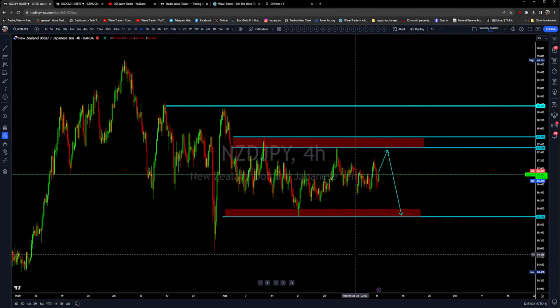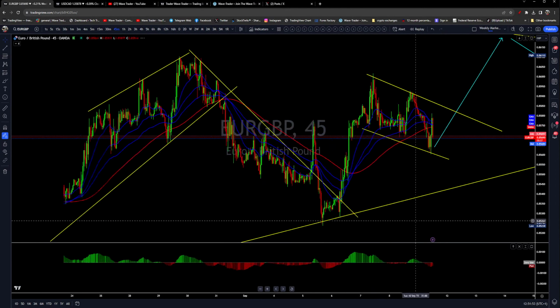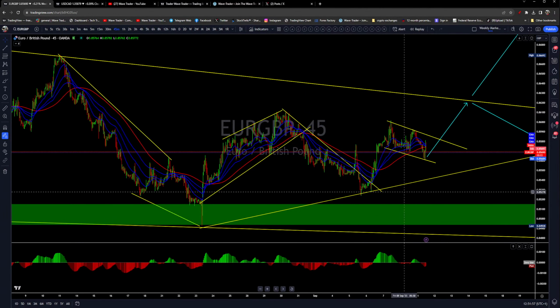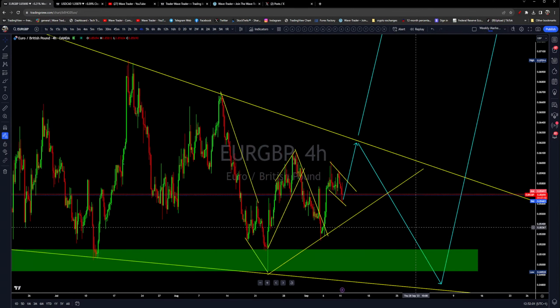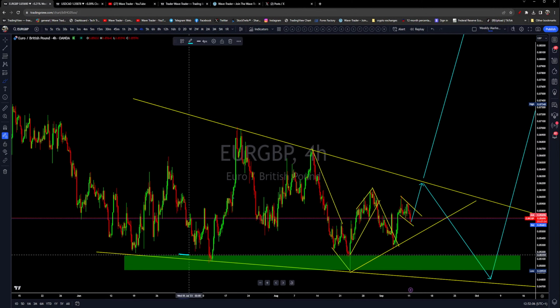And euro pound, okay, longer term we are expecting it to bounce back. This wedge to break out for the upside is just forming over there, on this 4-hour time frame, 1-hour time frame, right? So this is not the best continuation for the pair right now, because price stays in a sideways market, so we still can see one more drop all the way back to these lows, guys, in these areas.